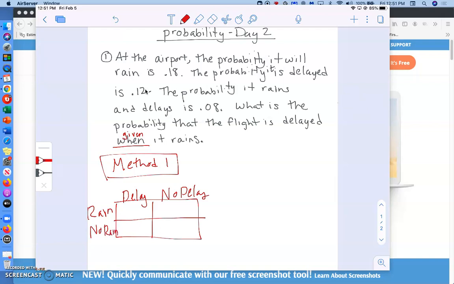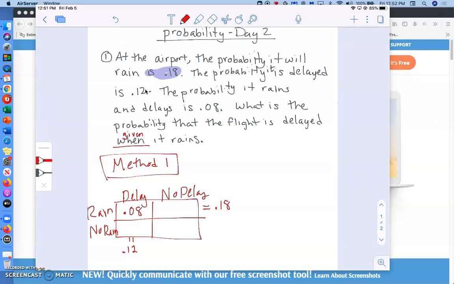If we start plugging numbers in here, we see this first one that it will rain is 0.18. So we know that this total here is 0.18. And we know the probability of the delayed is 0.12, so down here is 0.12. And then we know the probability it rains and is delayed is 0.08, so 0.08 goes right here.